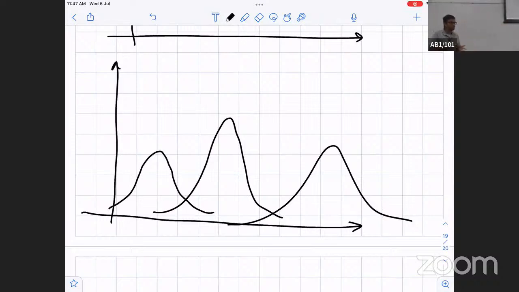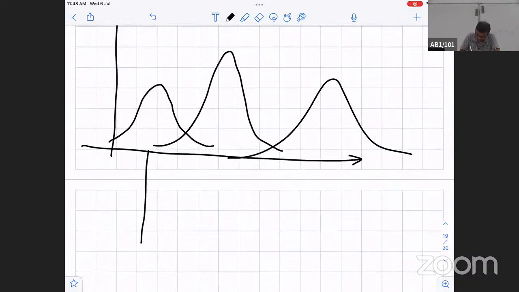Given all the heights, perhaps you can look at the clusters and tell, okay, this must be from low income, middle income, or high income. You may be able to decipher that. We don't know, perhaps. So this is an example of a Gaussian mixture model, because there is pi 1, which is the proportion from low income, pi 2, the proportion from middle income, and pi 3, the proportion from high income.